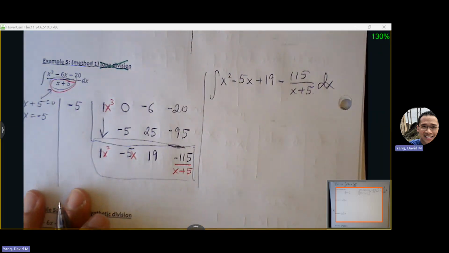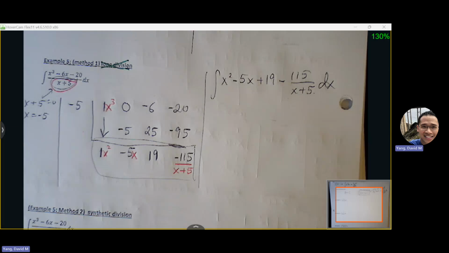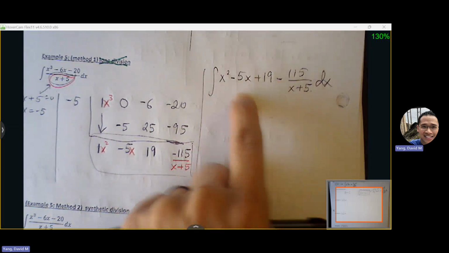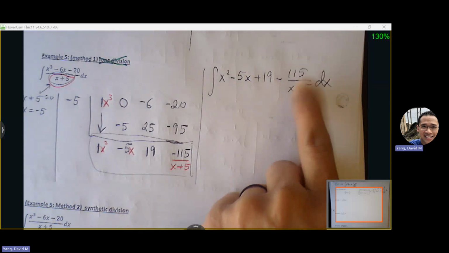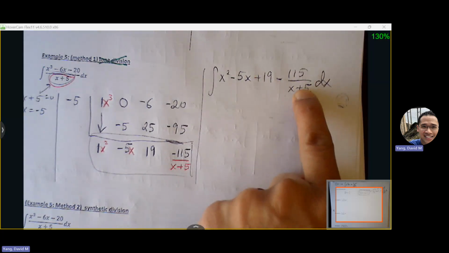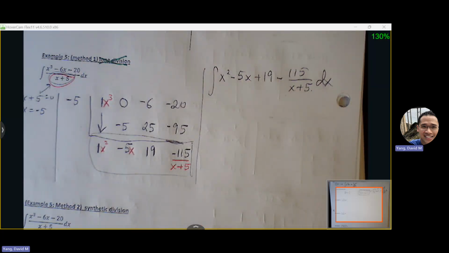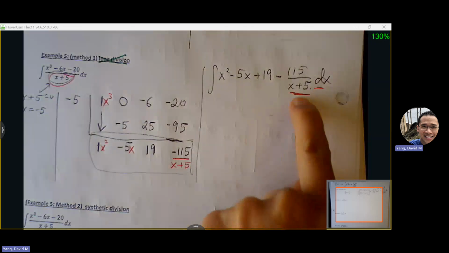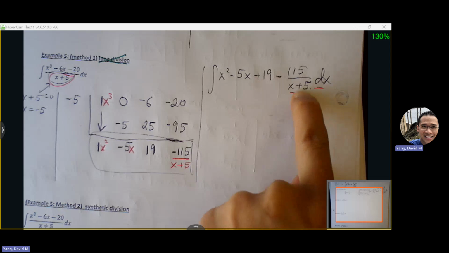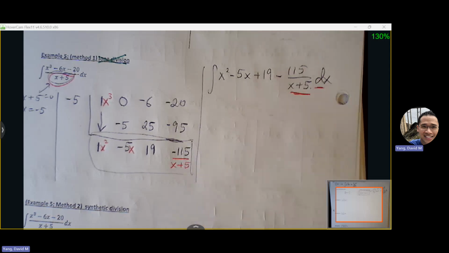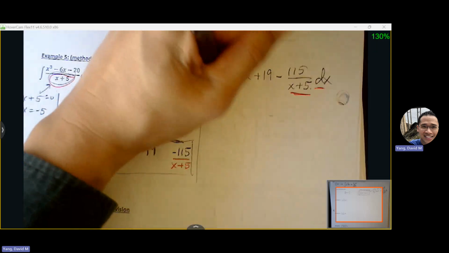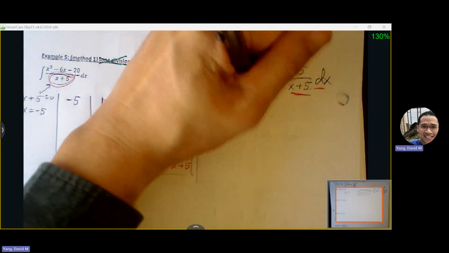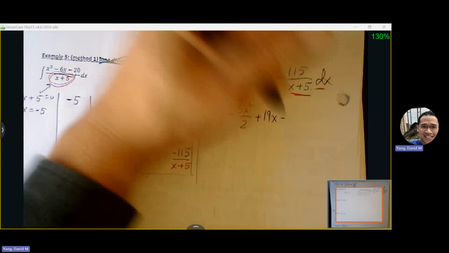And typically the way these synthetic division problems are going to look, the first few terms are all going to be power rule. And the last term is just going to be a simple u-substitution that will lead you directly to natural log. So a lot of times we can skip the u-substitution process, because you know that this u value will just produce a derivative of 1 and ends up being 1 over u with the coefficient in front. So power rule, x cubed over 3, 5x squared over 2, 19x.